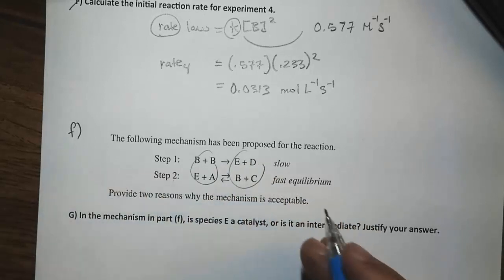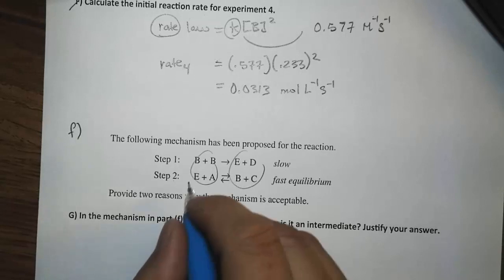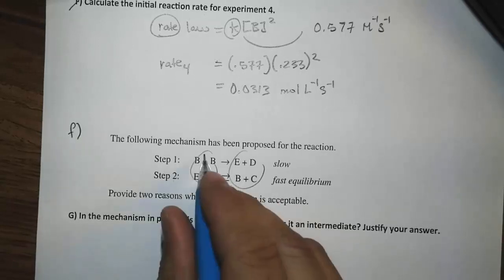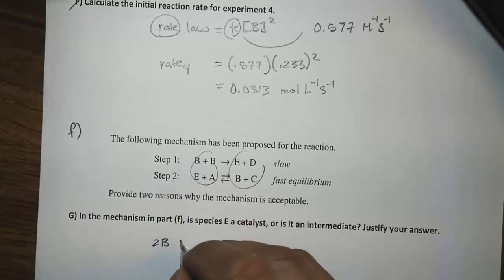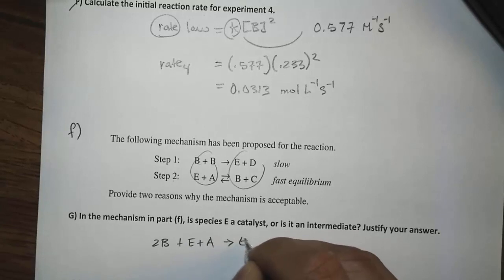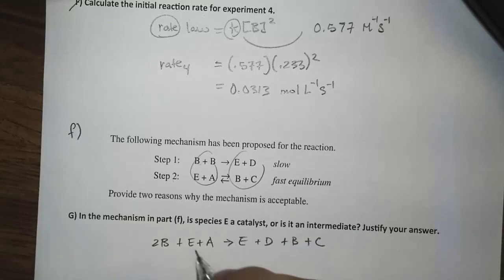So I'm going to do that right here. We have B plus B, that gives you 2B, and E plus A, that equals E plus D plus B plus C. So what happened to the letter E?